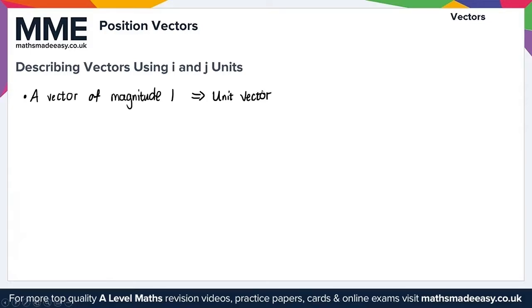Okay. The standard unit vectors are i and j. Now these are in the x-axis and y-axis respectively. So the unit vectors are i and j, and these represent the x-axis and the y-axis respectively.